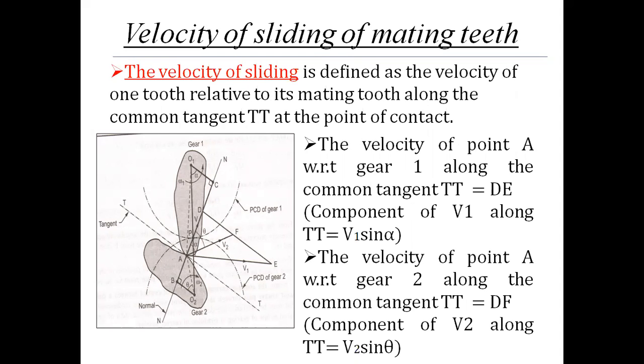For this, first we have to understand what the velocity of sliding of machine teeth or gears is. It is defined as the velocity of one tooth relative to its mating tooth along the common tangent TT at the point of contact.